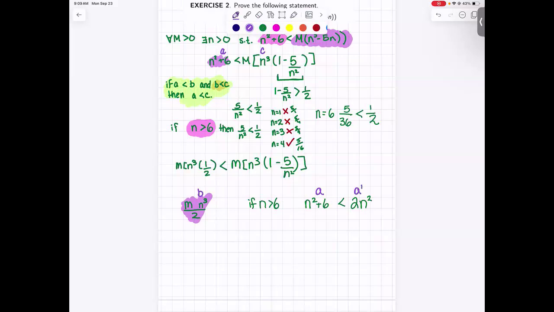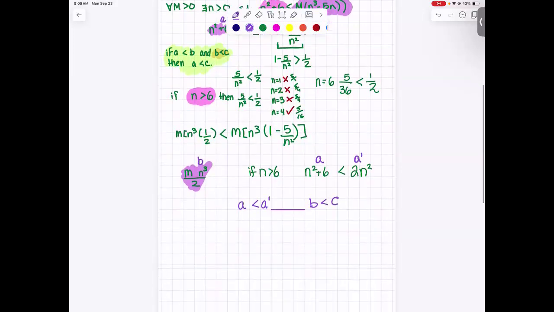So now what we're going to try to say is if a is strictly less than a prime, which we've already proven, and b is less than c, which we've already proven, if we can fill in this gap between a prime and b, we will be able to imply that a is less than c. So we have to be able to prove that a prime is going to be less than b in order to finish off determining if we picked good values here.